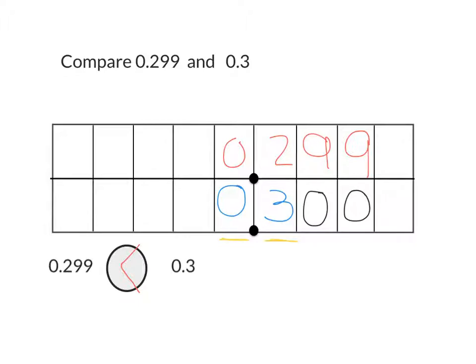Those numbers are 299 thousandths and 300 thousandths. Here you can see a little more clearly that 300 thousandths is in fact greater than 299 thousandths. So we would write our comparison statement as 299 thousandths is less than 3/10ths or 300 thousandths.